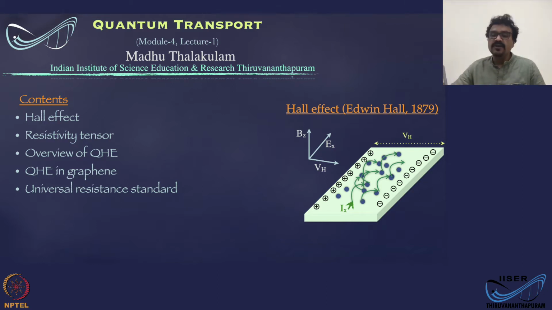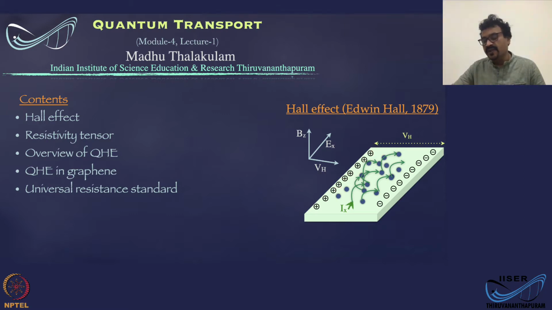Now the electron will undergo cyclotron motion, but at the same time many collisions, and eventually the electrons will get deflected towards one edge of the sample, and on the other edge you will have the positively charged ions.